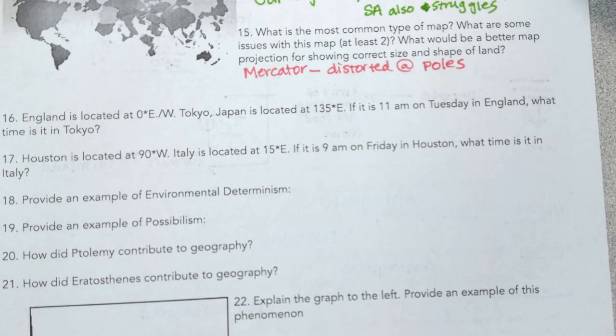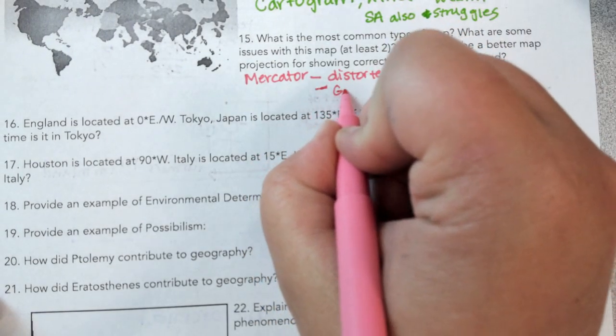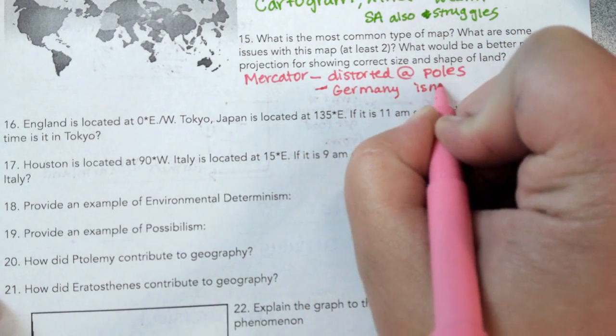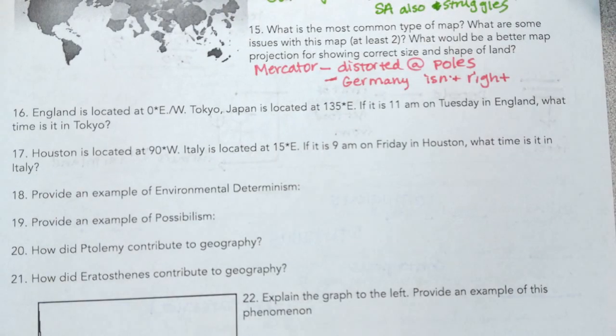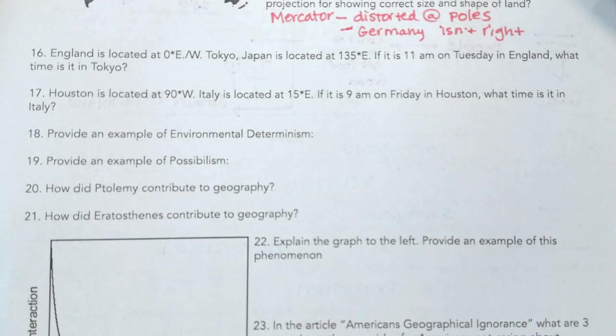Another problem is that Germany isn't in the right place. Those are the problems we have with it. That's the video that we watched where it said it wanted to do the Peters projection and then flip the whole world upside down. It was pretty crazy.